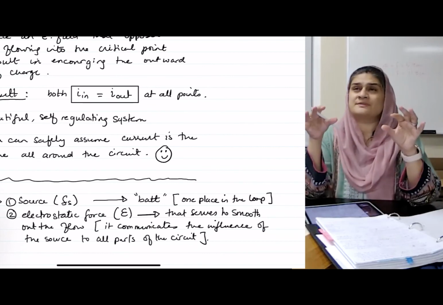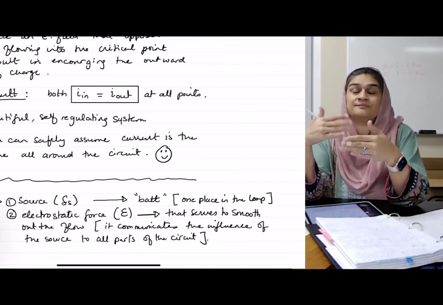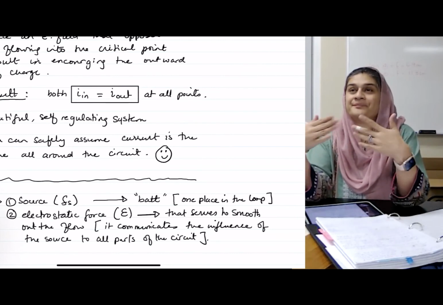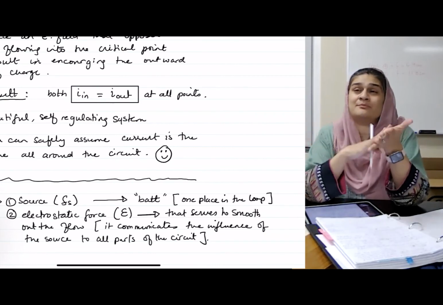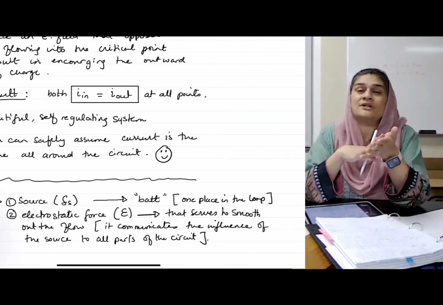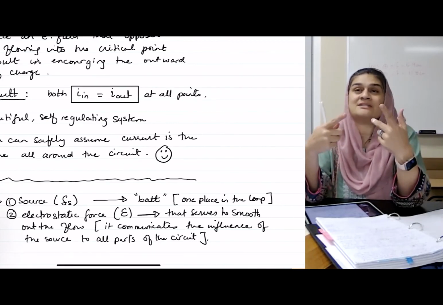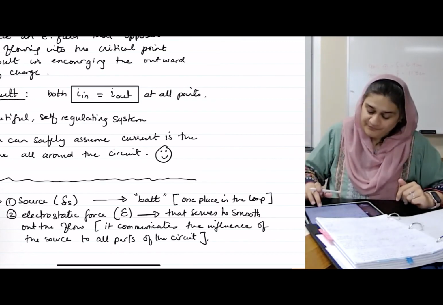Do you see the difference? The battery provides the quick potential difference, but it's only one point in any loop. The electrostatic force communicates that effect to all parts of the circuit.